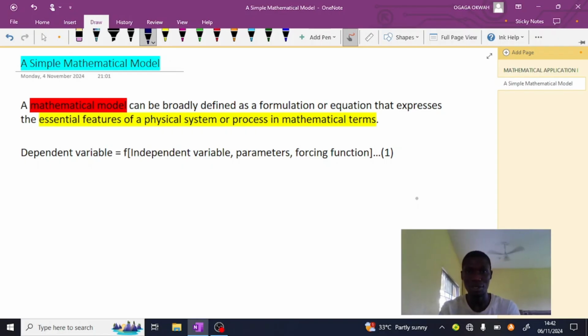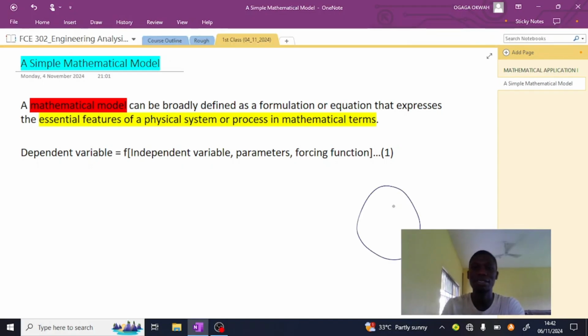Let me put this out here. Let's say, for example, this is our system. What reflects the behavior of this system is known as the dependent variable. Not just the behavior, but the state. So the behavior or state of the system.